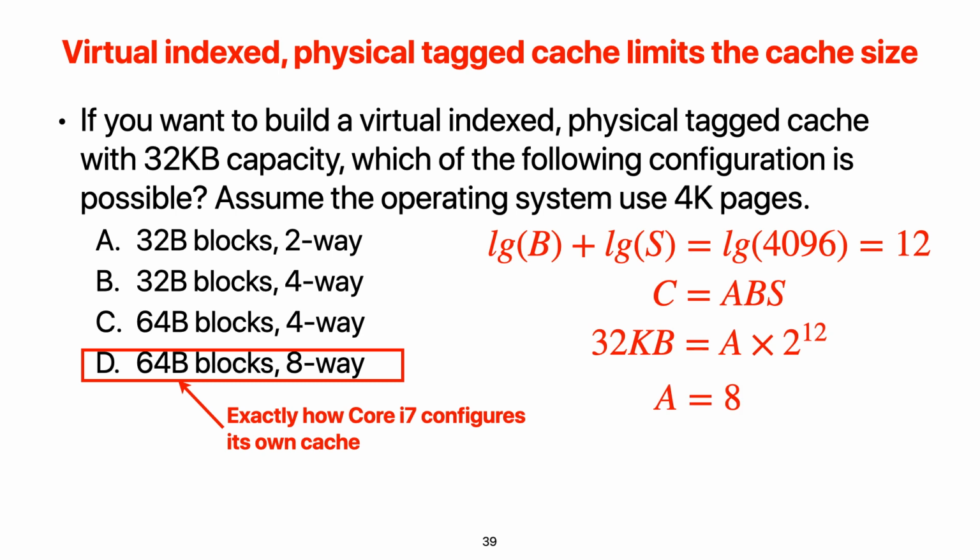And if you remember a few practice questions in the last lecture, this is exactly how Core i7 configures its own cache. So Core i7 has an 8-way set associative cache for a reason. That is because we want it to fulfill the requirement of a virtually indexed, physically tagged cache.